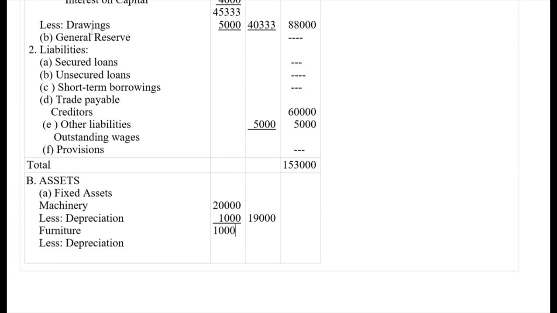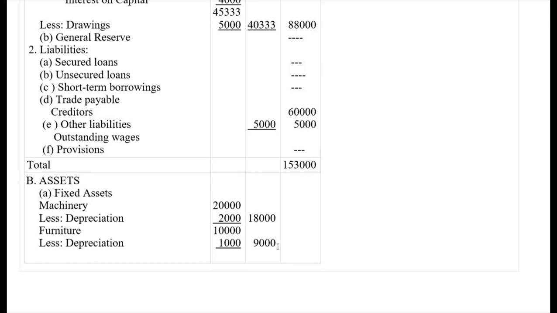So 10,000 less depreciation on the same, it will come to 1,000. So we will take here 9,000. Depreciation on machinery is 2,000, so it will be here 18,000.